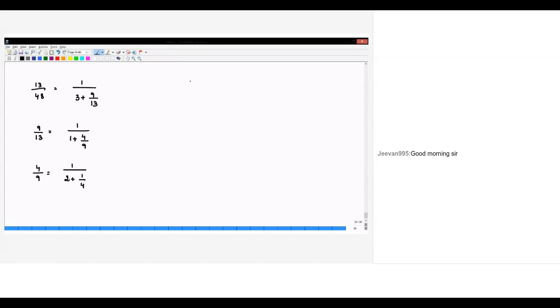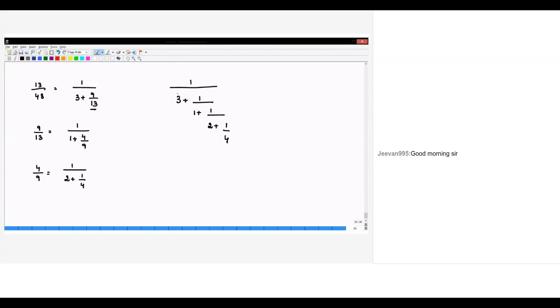So everything put together, you can write it as 1 by 3 plus, in place of 9 by 13 you write 1 by 1 plus 4 by 9, which you write as 1 by 2 plus 1 by 4.